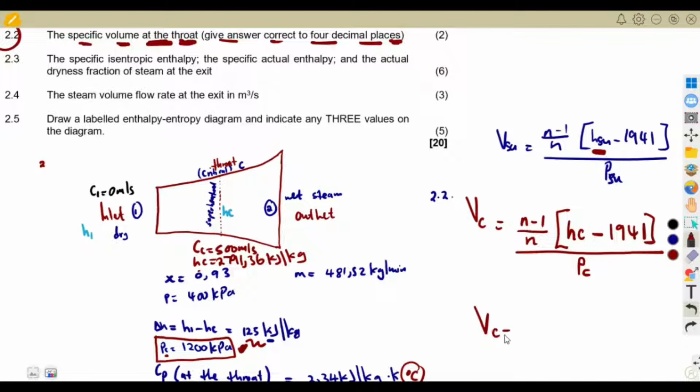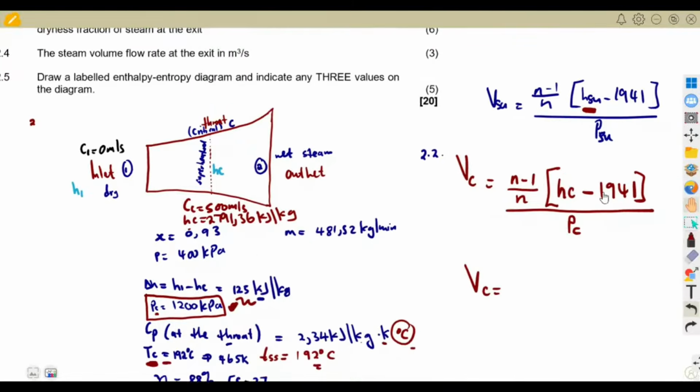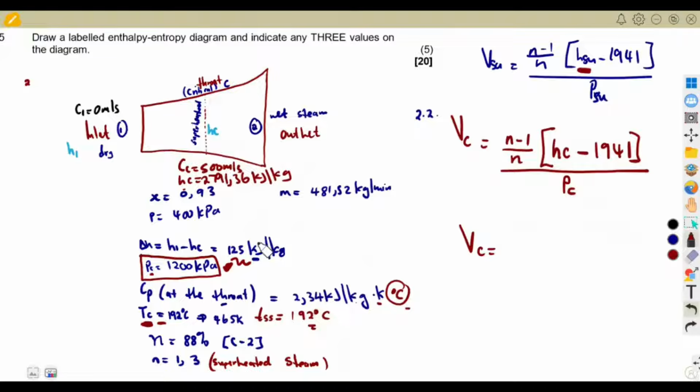So that's why I said you have to revise your steam calculations from your N5, because it's an application now. You are now applying what you did previously. So we've got everything. Just substitute n. Remember, our index of superheated steam is 1,3.